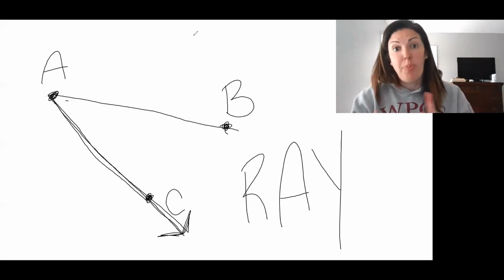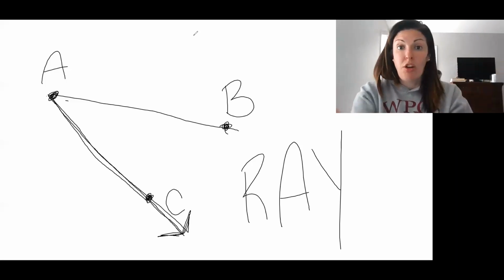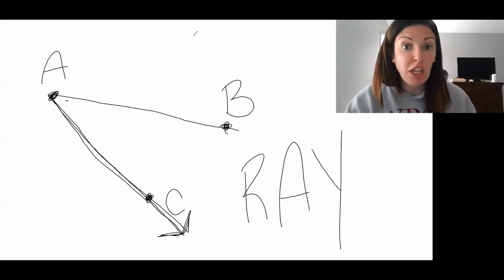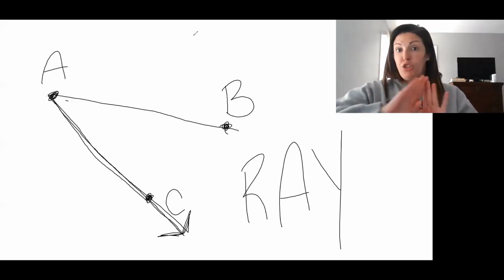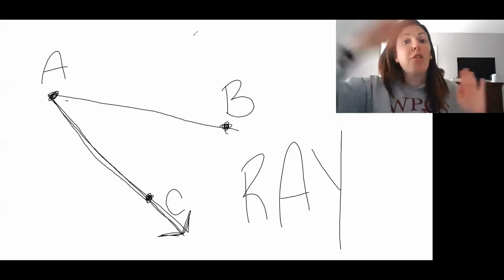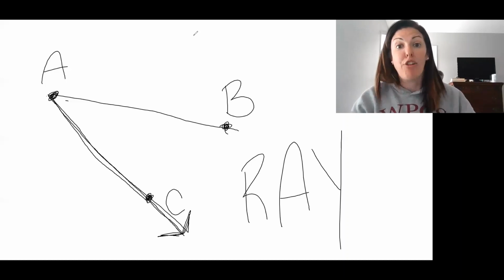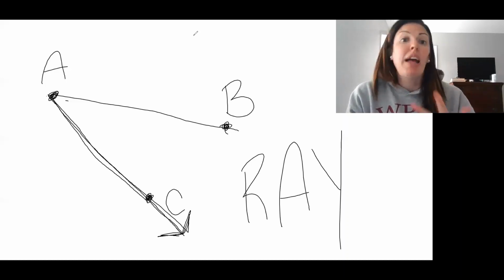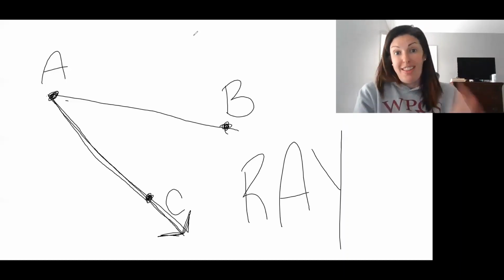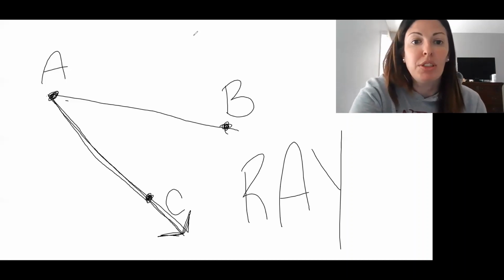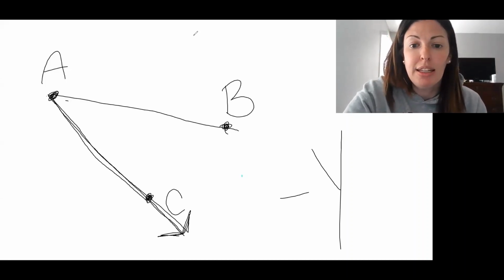And obviously our papers and our whiteboards and our computer screens are not long enough or big enough for us to show that the ray goes on forever and ever and ever. So that's why we draw that arrow, to symbolize that that's what it means. So let me just erase this really quickly.